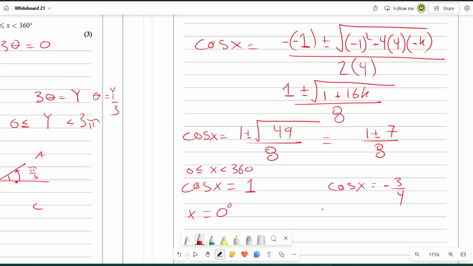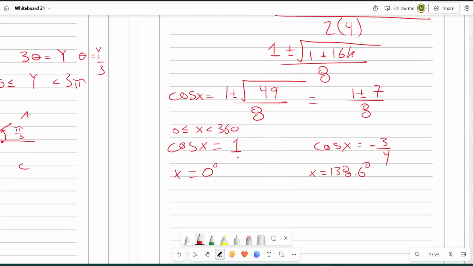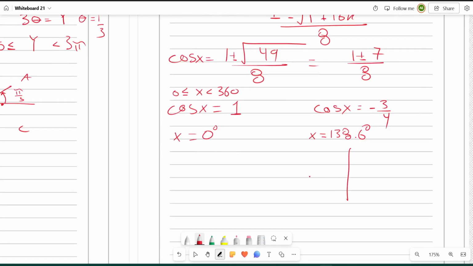Right? Now for the next part, cosine x equals -3 over 4. The principal answer, or the first answer, is cosine inverse of -3 over 4. That's going to give me an x of, let's change it to degrees, x equals 138.6 degrees. That is the first answer and is within our range. Let's see if we will have more answers.